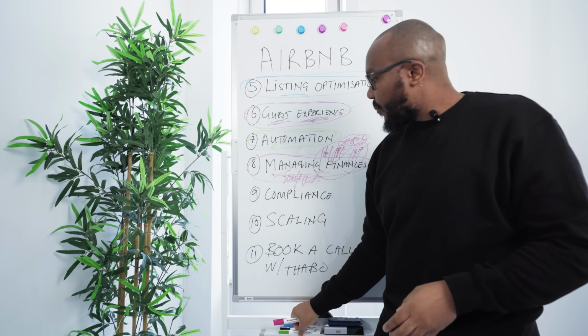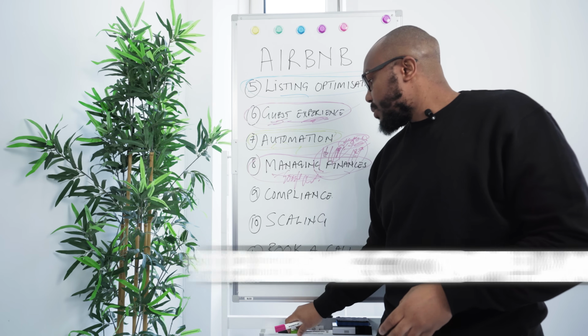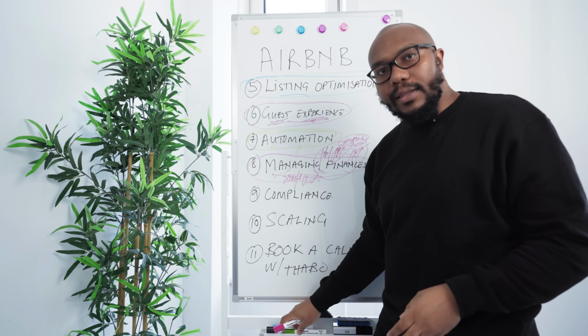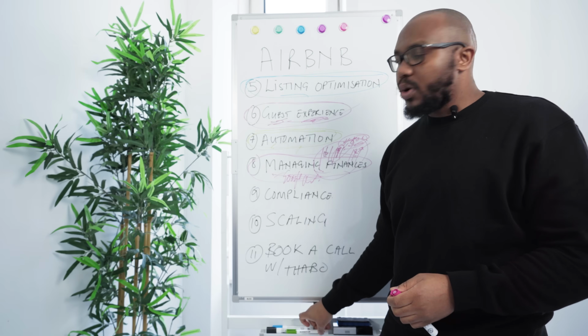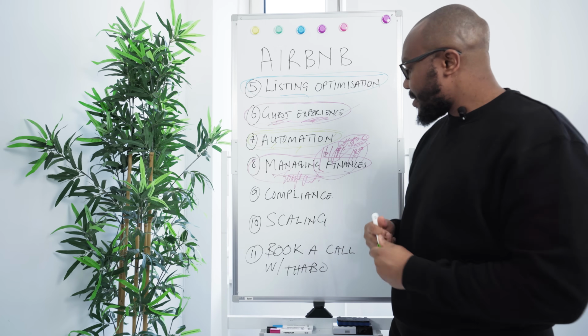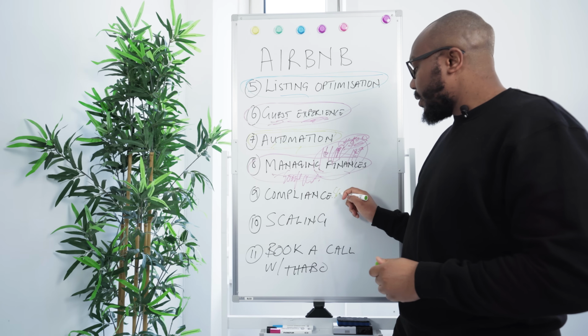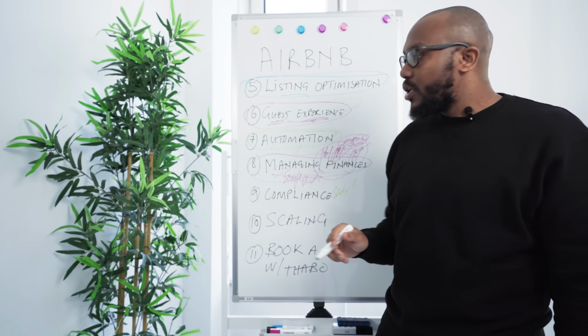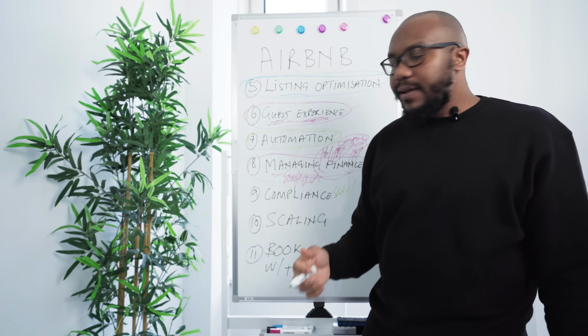The next thing you want to look at is being compliant. Depending on where you are in the UK, if you are in Scotland, you need a license to run your Airbnb. If you are in England, you don't need a license, but you still have to be compliant with fire safety regulations.